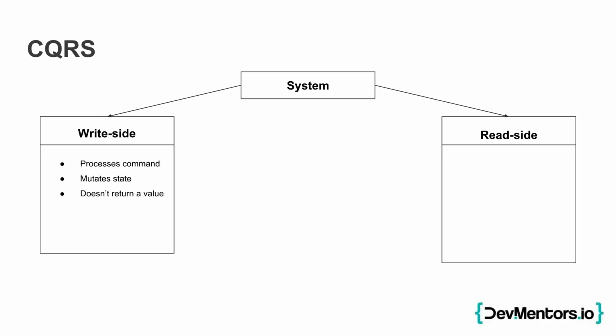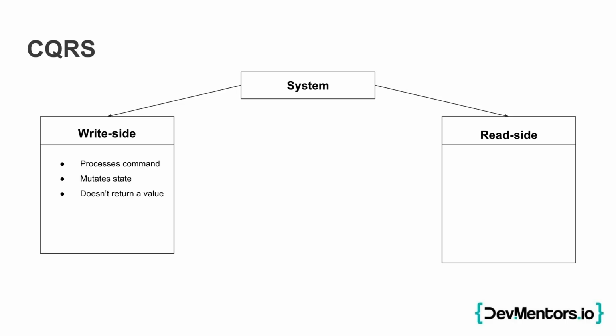Next, because this is the write side, commands tend to mutate the state. This is what CQRS stands for. The write side is all about writing to the application, so we will mutate the state of our application one way or another. As I said, this can be deleting something, creating, or editing.